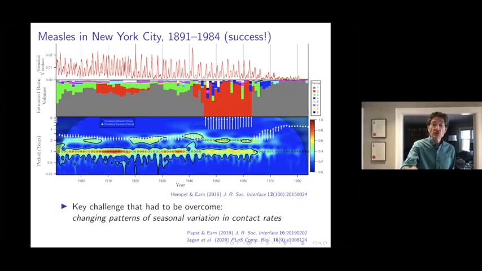in order to do this work with these longer time series, there was more that we had to do. We had to worry about the fact that, in fact, the pattern of seasonal forcing is not the same. And a couple of recent papers with students established how to expand the theory to take account for that, which we did.